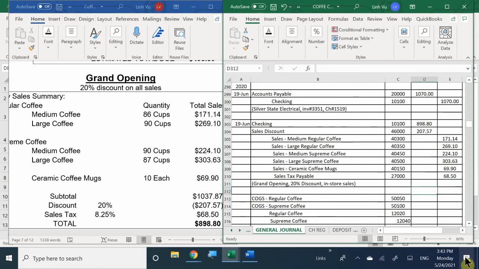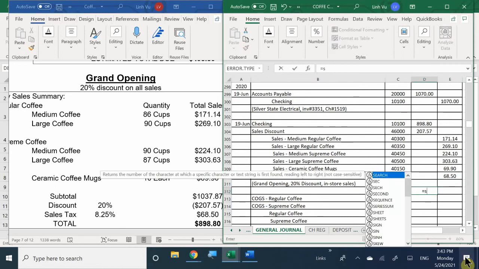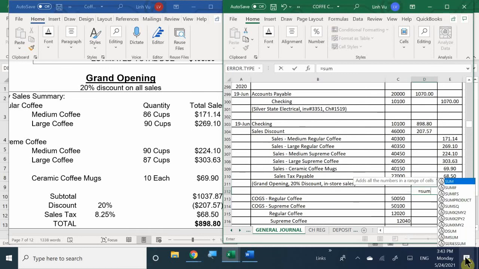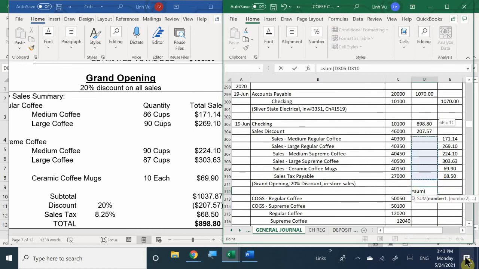Once again, check to see if your debits match your credits. Okay, so here I have 1106.37 on both sides. Awesome.